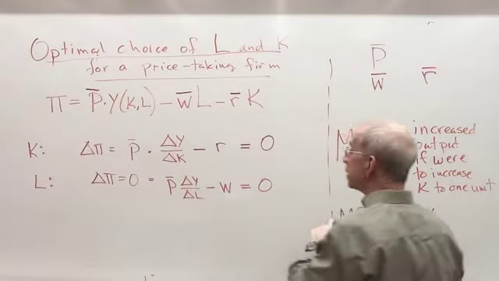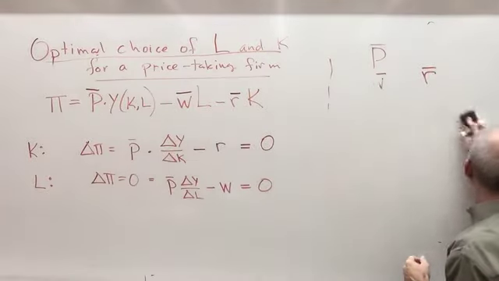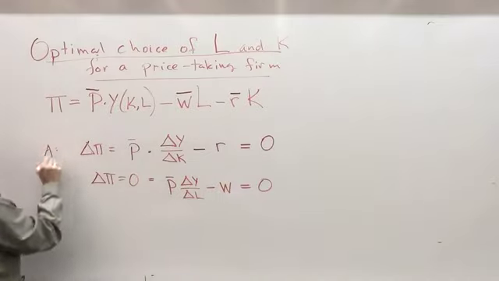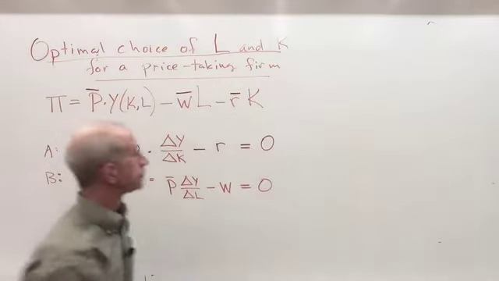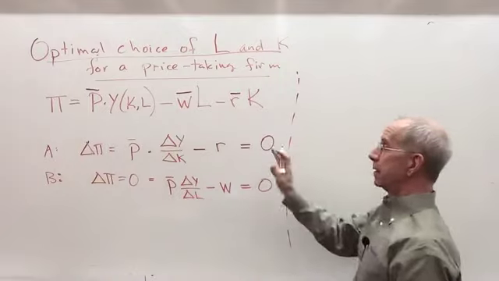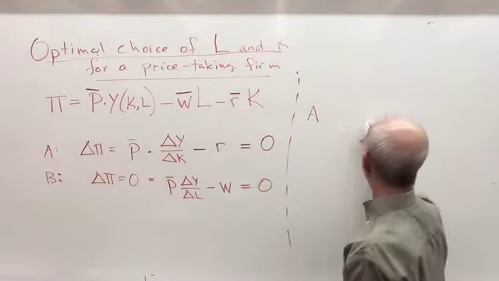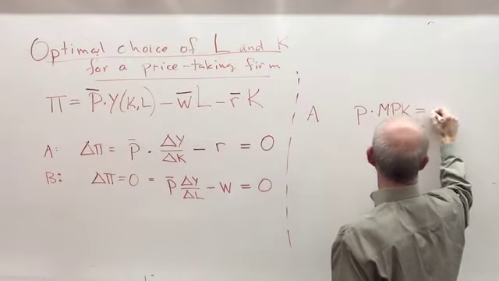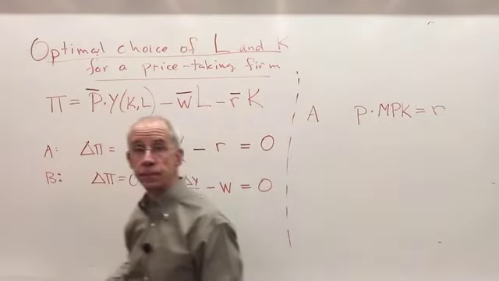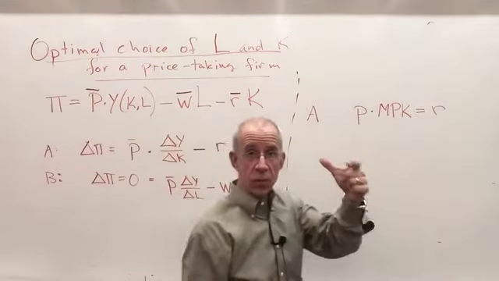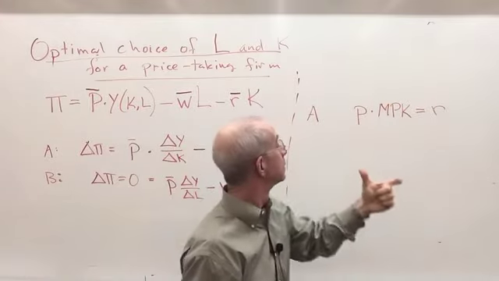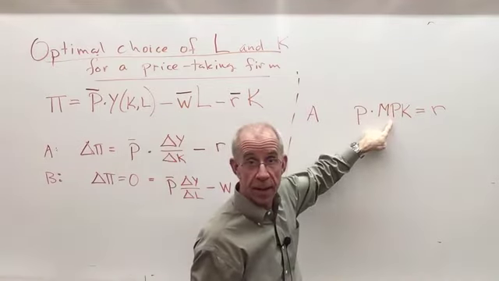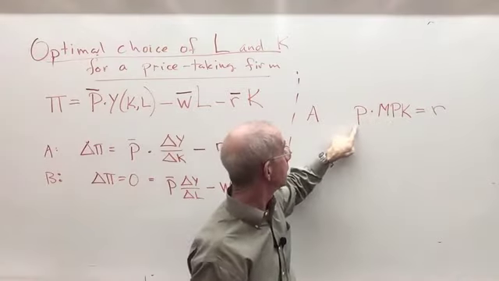So let me rewrite these two conditions. And let's call them A and B. Condition A can be rewritten as the price multiplied times the marginal productivity of capital is equal to R. If you choose capital optimally, the value of hiring one more unit of capital, this is how much extra capital you get, how much extra output you get, multiplied times the price.